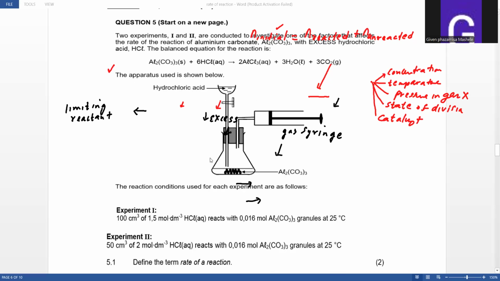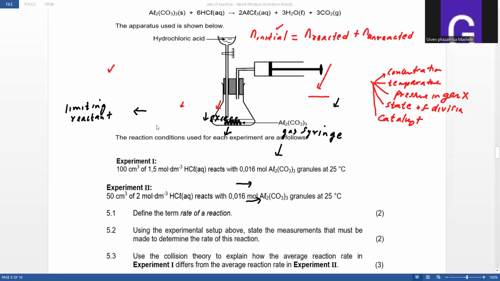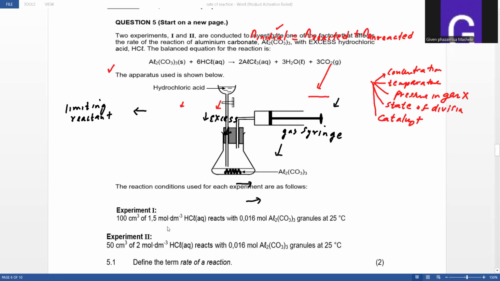According to the reaction conditions here, we are comparing experiment 1 and experiment 2. The first experiment says 100 cubic centimeters of hydrochloric acid with a concentration of 1.5 mol per cubic decimeter. It reacts with 0.016 mole of aluminum carbonate granules at 25 degrees Celsius.